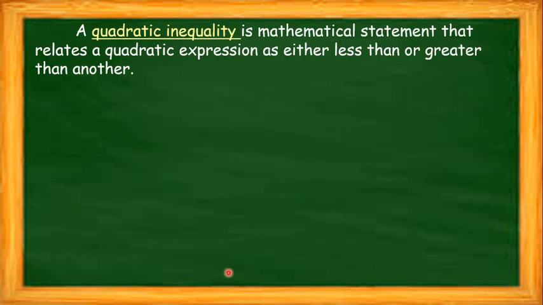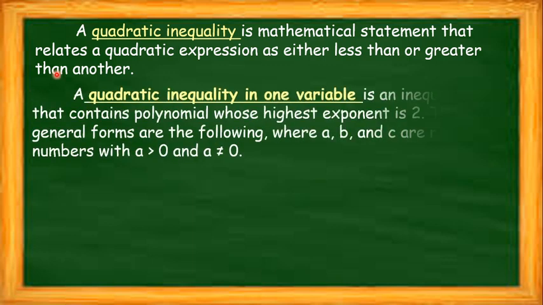Now, a quadratic inequality is a mathematical statement that relates a quadratic expression as either less than or greater than another. So, a quadratic inequality in one variable is an inequality that contains a polynomial whose highest exponent is 2. The general forms are the following where a, b, and c are real numbers with a not equal to 0.